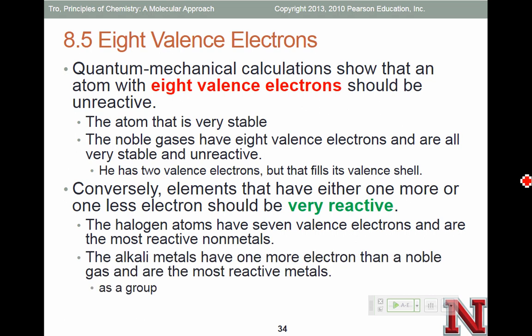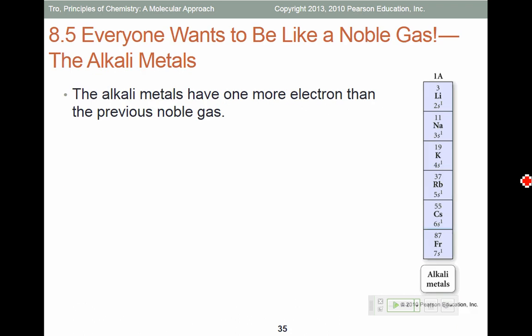Alkali metals have 1 more electron than the noble gas before them. So it's actually our most reactive metals. And we see that they react pretty violently, they react pretty exothermically, because they really don't want that extra electron.